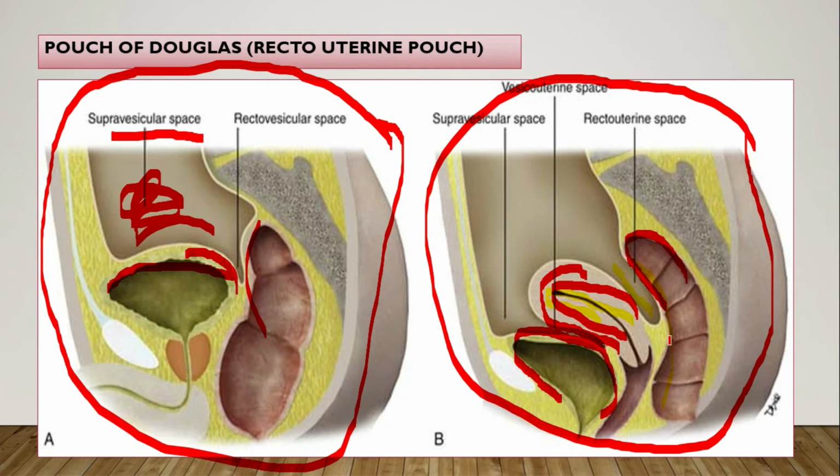But in the case of female, there is a uterus between the bladder and the rectum, so here we have the rectouterine space and the vesicouterine space.